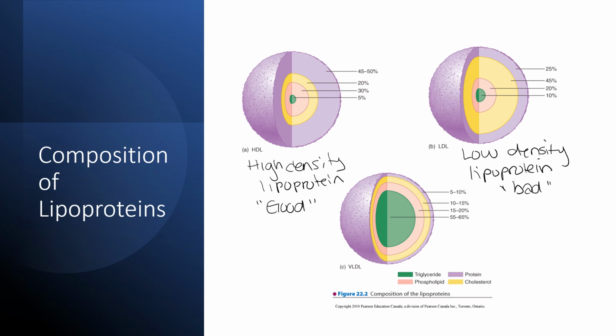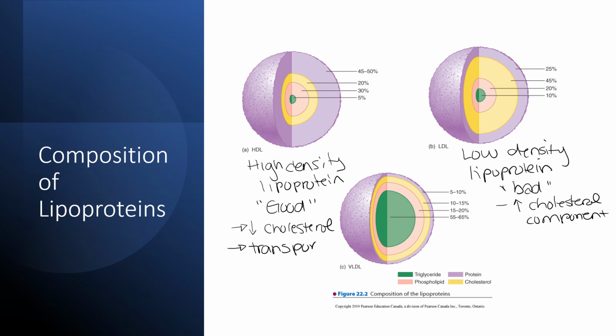So what makes high density good and what makes low density bad? Well, one of the very first things, high density has a low cholesterol component, whereas low density lipoprotein has a high cholesterol component. The second thing is with HDL or high density lipoprotein, this guy will transport cholesterol.